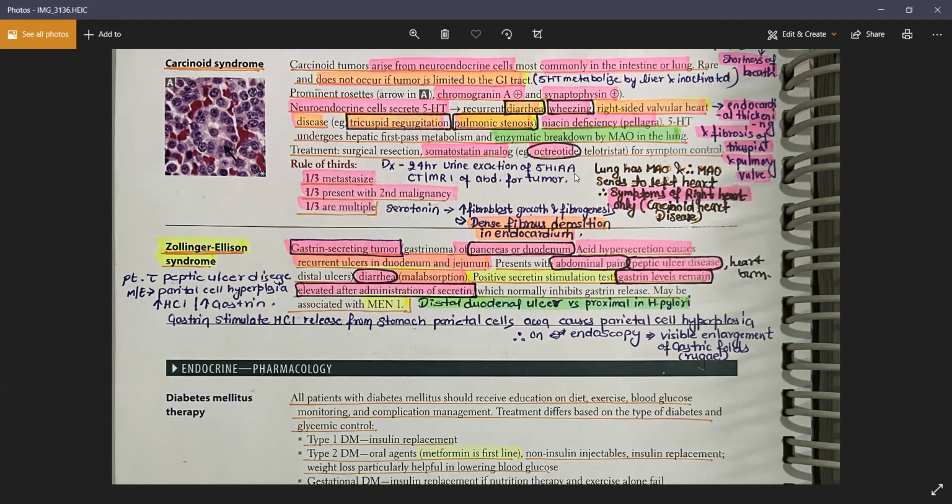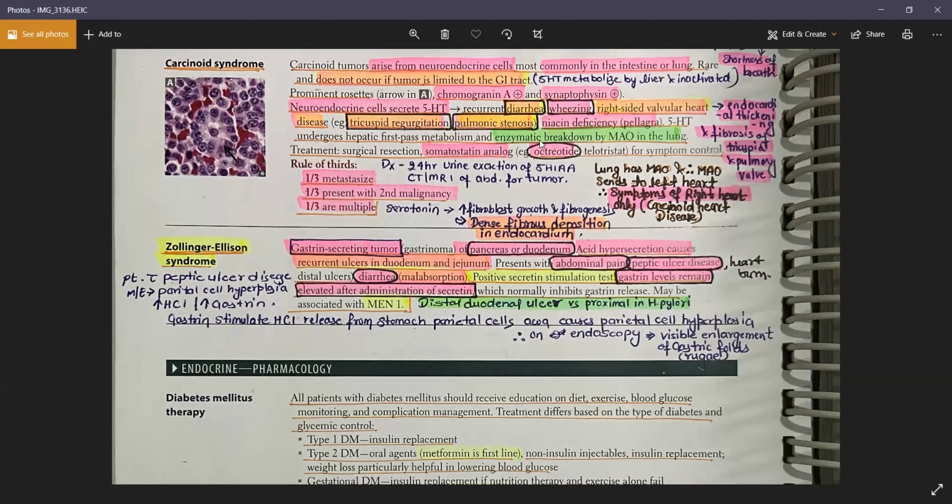Whenever serotonin passes through the liver, it will undergo first pass metabolism and release the 5-HIAA, which can be measured in the urine as well as in the blood for elevated levels, and by elevated levels you can diagnose the patient for the carcinoid syndrome. So Step 1 will ask you at what levels you will measure for the carcinoid syndrome. This would be the 5-HIAA.